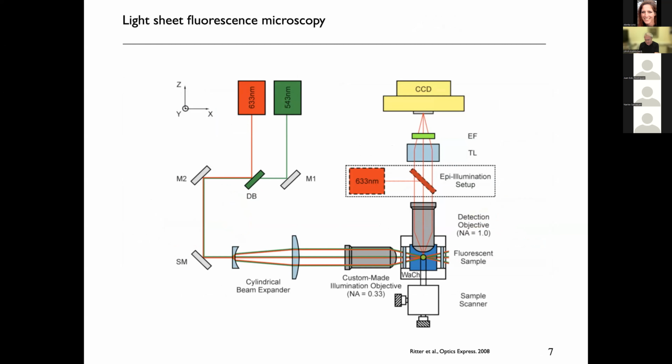So I show you here a sketch of our instrument that we built in 2008. You can see here on the left-hand side the illumination lasers. You can use, of course, various colors to illuminate your sample. They are brought together by certain spectrally sensitive mirrors, and you illuminate the samples principally from the side. The sample is located here in usually a liquid surrounding.